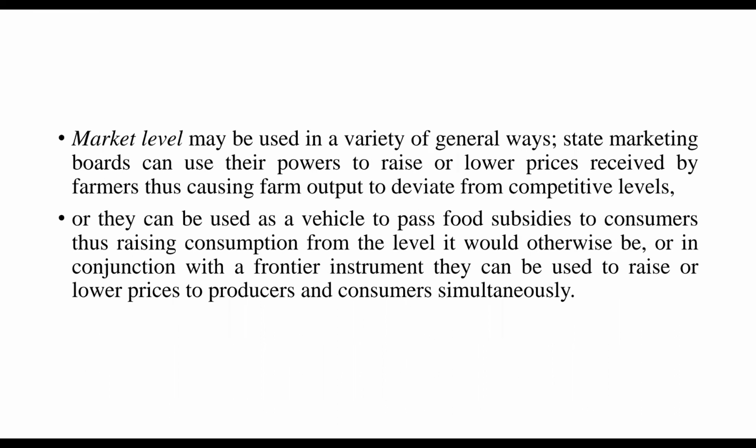So you find that the farm outputs will be deviating from their competitive levels. Why? Because the state marketing boards can use their power to raise or lower prices that are received by farmers.